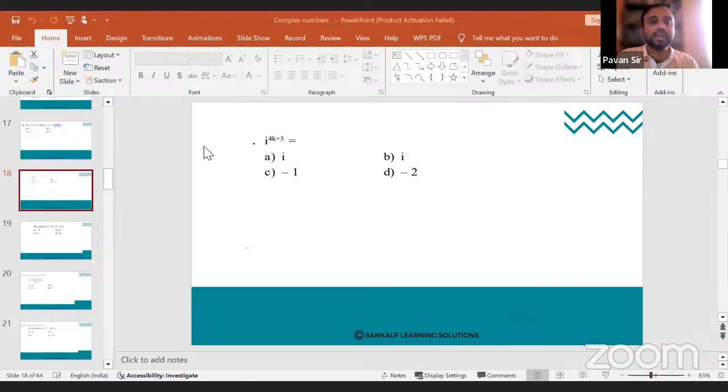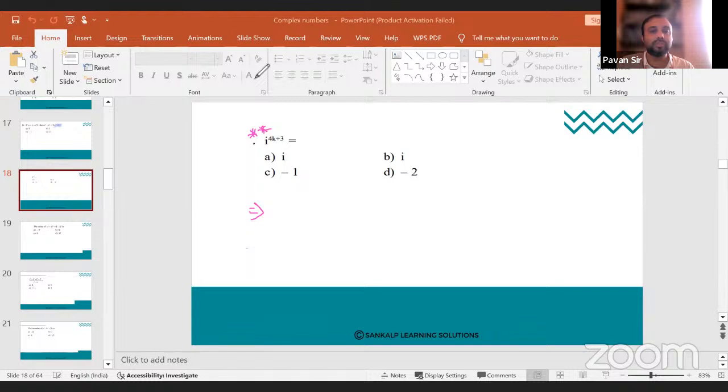What is the value of i raised to 4k plus 3? Just try to solve this fast. It is a very important question with respect to CET.